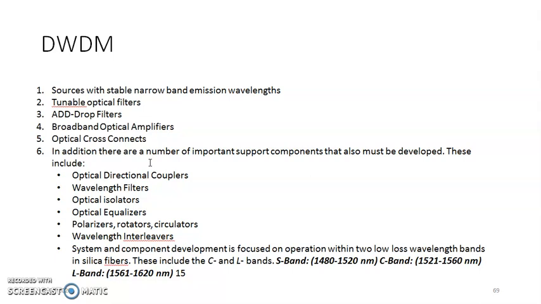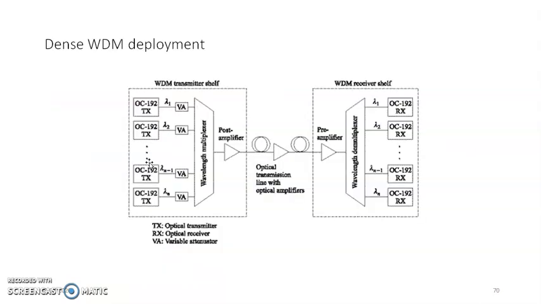So in this wavelength division multiplexing, the wavelengths, or you can say the operating band, are very narrow. That's why we can say it is a dense WDM.